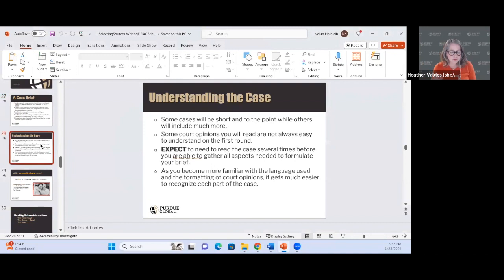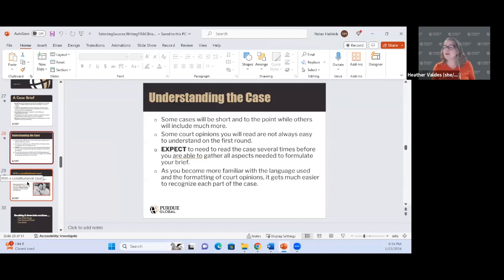So one of the key reasons that we create a case brief is to make the court's opinions more understandable. Some justices, when they draft opinions, are eloquent and create these beautiful literary works that lead you to a better understanding of the law and how it should be applied.